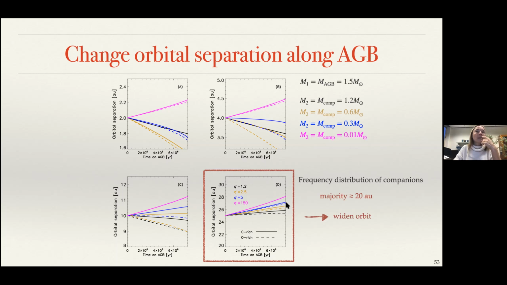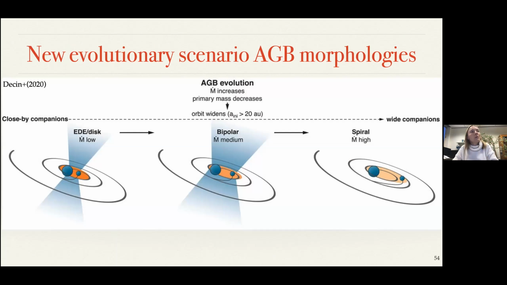This is important, since this leads us towards the following new evolutionary scenario of AGB morphologies that we now predict. Along the AGB phase, as I've explained already, the mass loss rate increases, which helps in getting spirals and fewer EDEs, but in addition, the orbit widens.